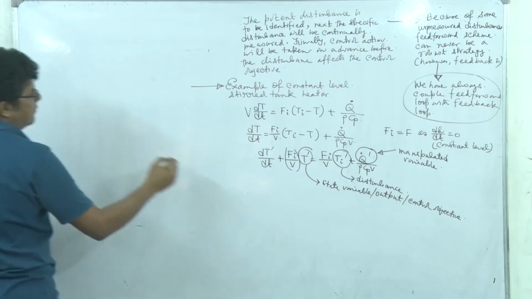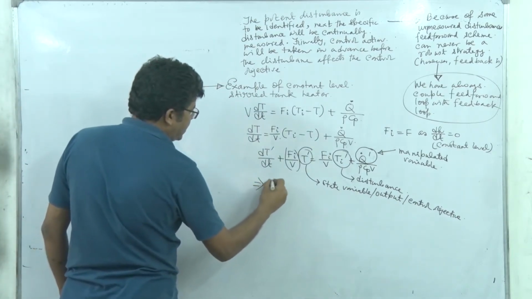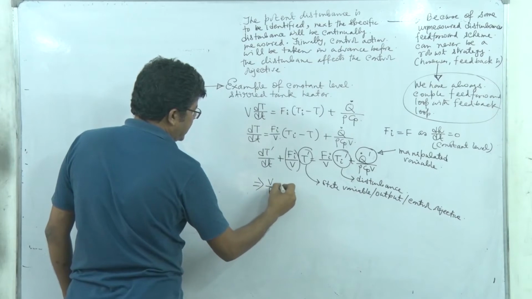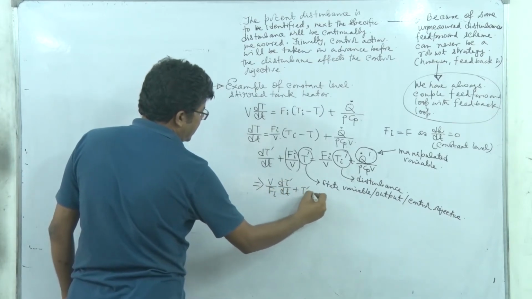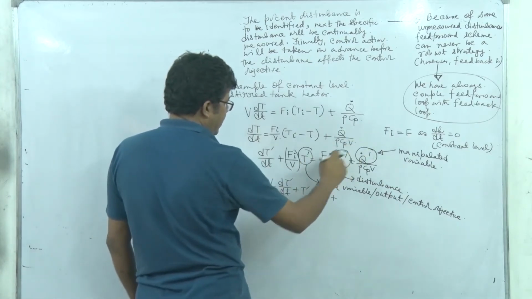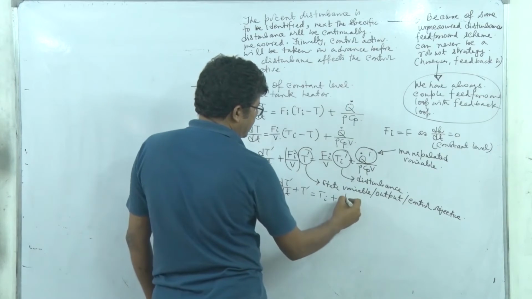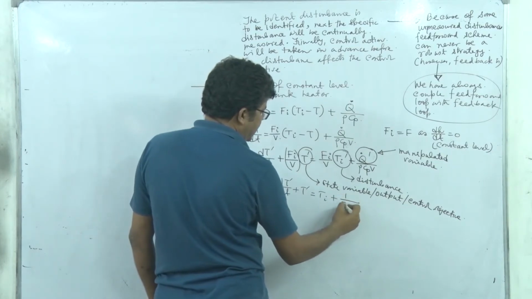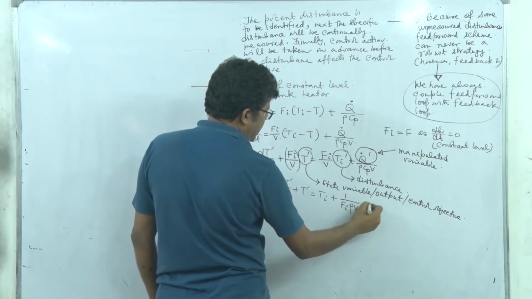Or we can further modify it before going in. So V divided by Fi dT prime/dt plus T prime is equal to Ti prime plus 1 divided by Fi rho Cp into Q dot.